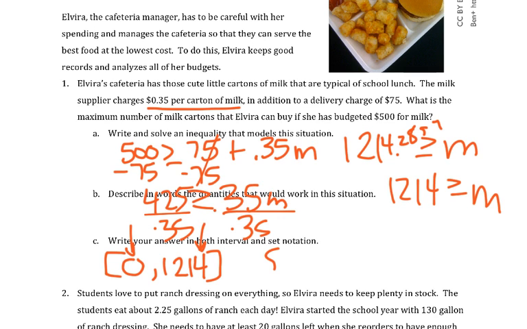Now set notation uses kind of these weird ones, and for these values of x, generally because we use x, but we could use m, we would say 1214 is greater than or equal to m, which is greater than or equal to 0. Something kind of like that for the set notation. But I'm not too concerned with the part C. We're looking more at creating the inequality and solving it.